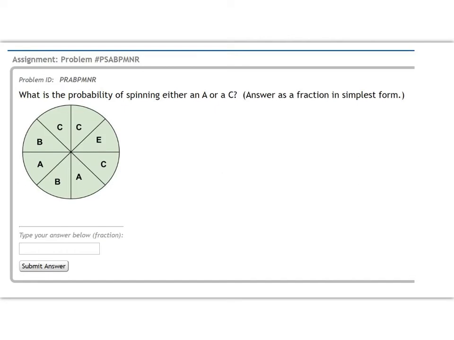All right, what is the probability of spinning either an A or a C? So I want the probability of A or C over the probability of all possible outcomes. And if I count, again, I have 1, 2, 3, 4, 5, 6, 7, 8 outcomes.